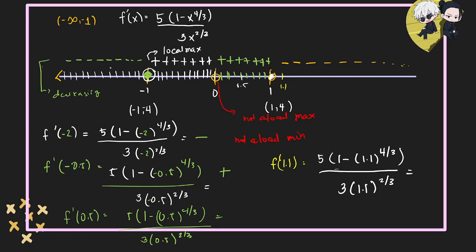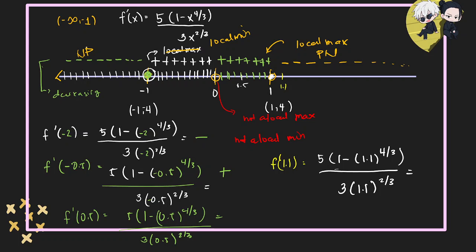So this is negative to positive. That's why this is local minimum pala yan. Ito naman, positive to negative. This is local maximum. Local max yan, kasi PN eh. Yun ang palatandaan ko sa local maximum, PN. Dito naman, NP.